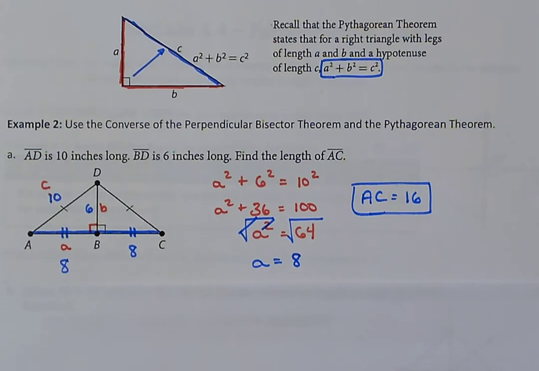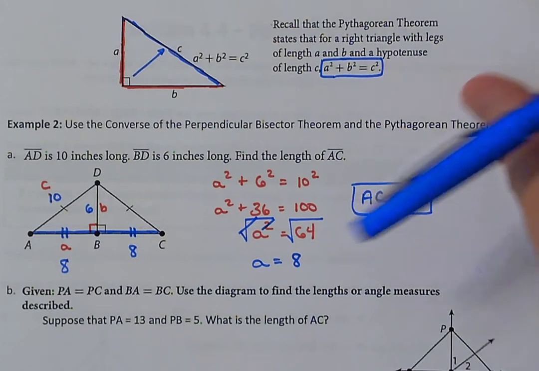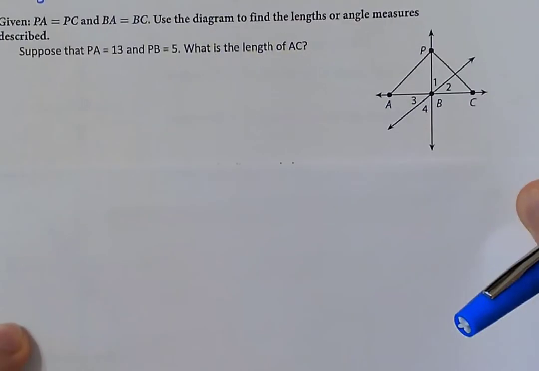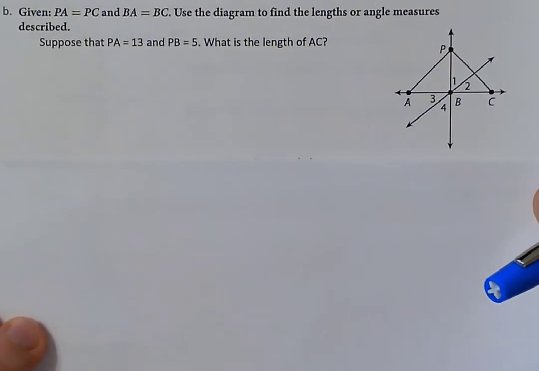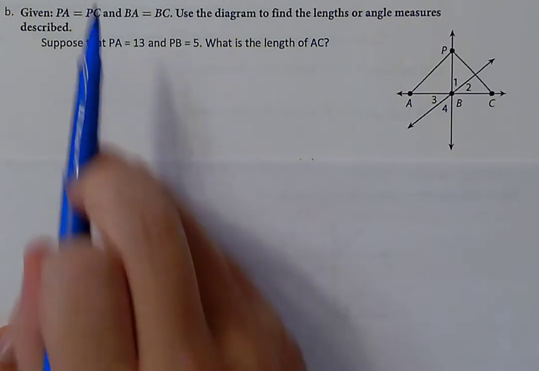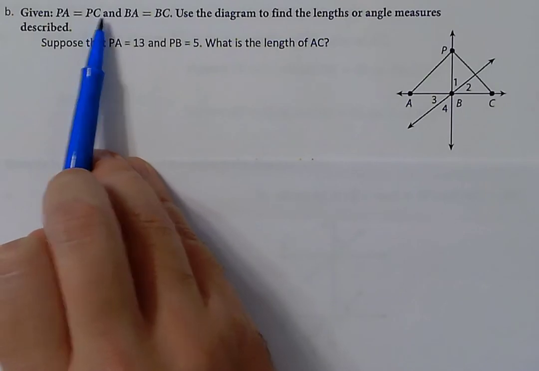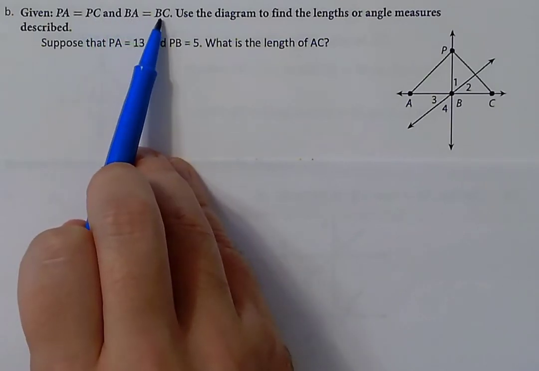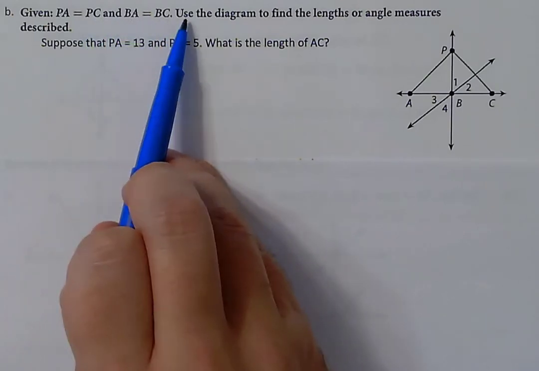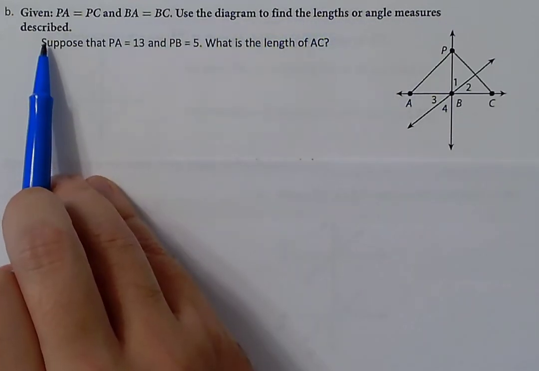Now, it might be helpful for me to do another one, so I am going to talk about part B, just so we have a little more exposure to this. So, let me move this on up. Alright, part B states, given PA is equal to PC and BA is equal to BC, use the diagram to find the lengths or angle measures described.